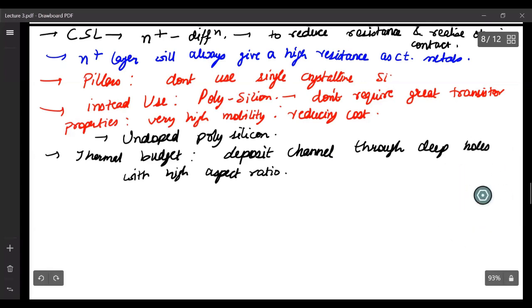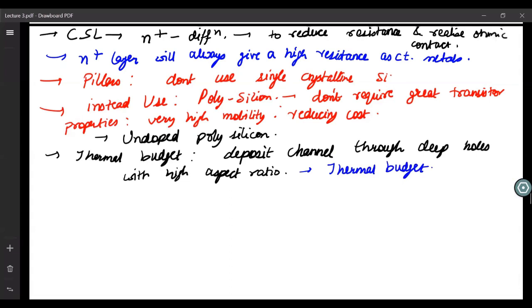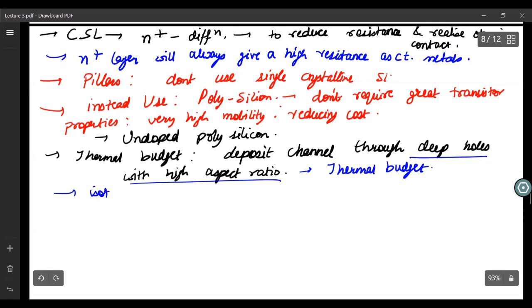But polysilicon using CVD can flow very easily. So thermal budget also restricts the use of single crystalline silicon. And also, if you have to deposit within a deep hole with a very high aspect ratio, then you have to choose a deposition process which is isotropic, or I would say a non-selective deposition process. This is very easily available for polysilicon. So that is the reason they use polysilicon.